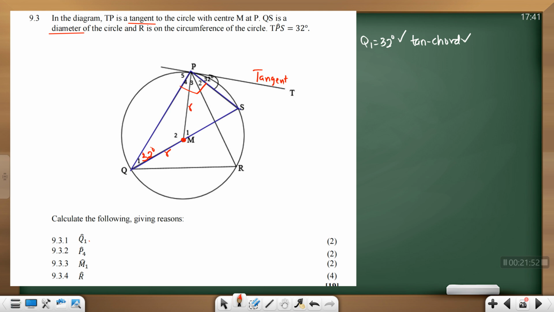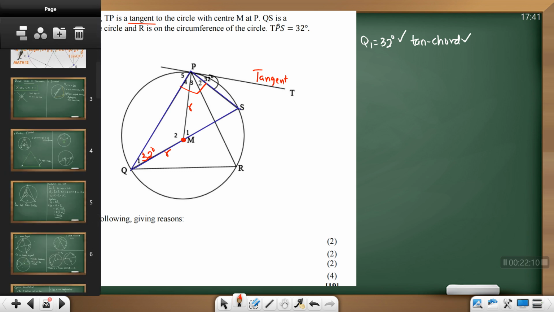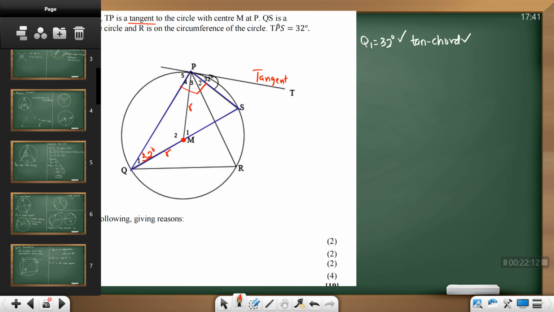If you go back to the note I gave you, I said once you see radii, angle at the center is twice angle at the circumference. And also think about what? Angles opposite equal sides. Can I take you back? I don't want you to say, okay, we only do that for science.